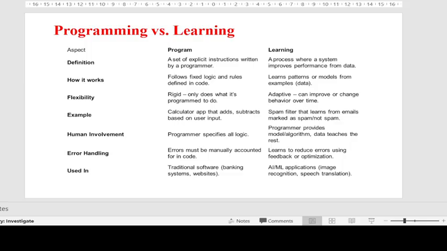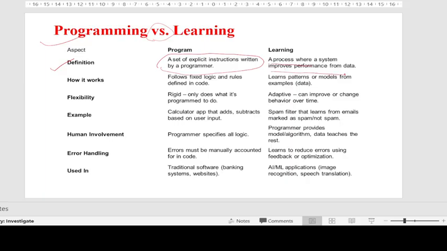So next one is programming versus learning. What are the major differences? We discussed the definition. First, programming is a set of instructions, as we discussed just now. So what is learning? Learning is a process where a system improves its performance from data.